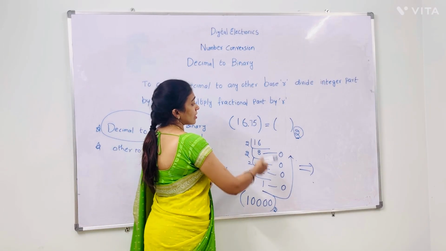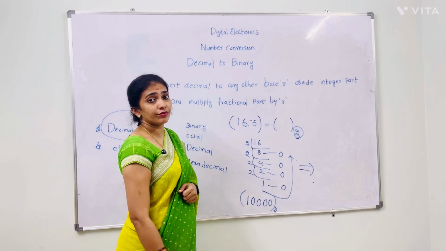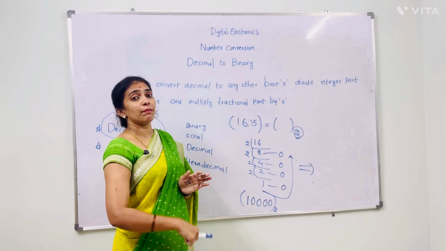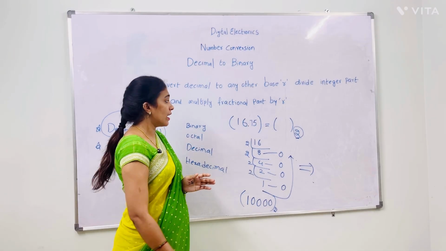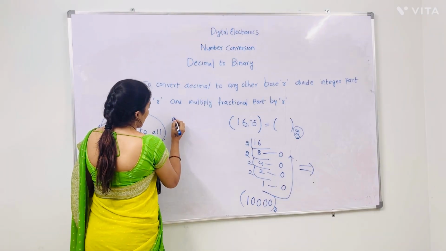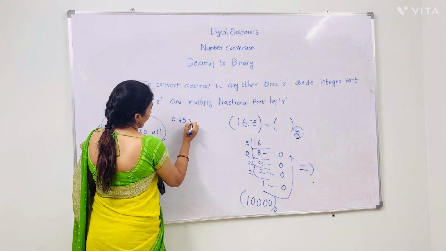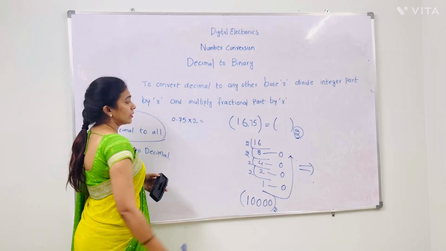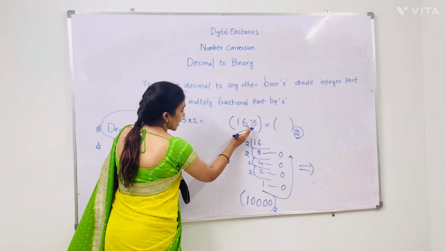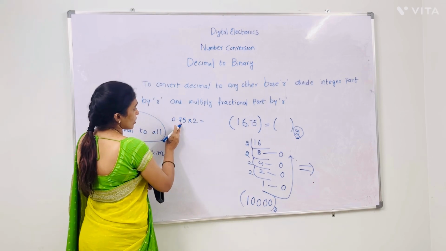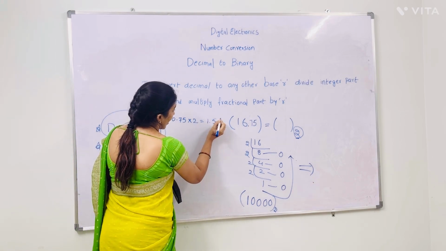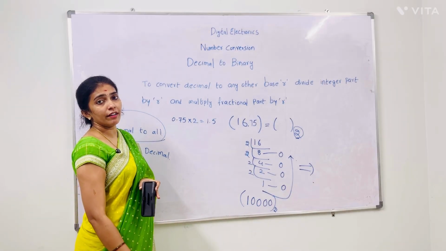And for the fractional part, we multiply by r. So the fractional part is 0.75 into 2. So we get 1.5.